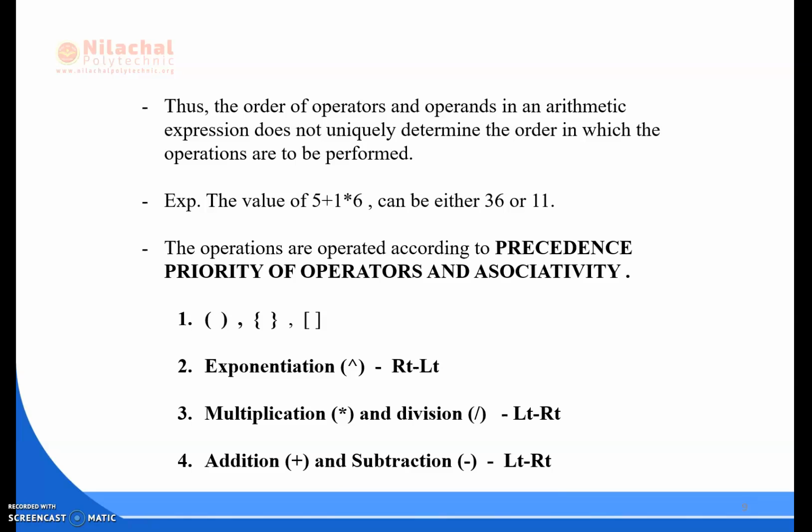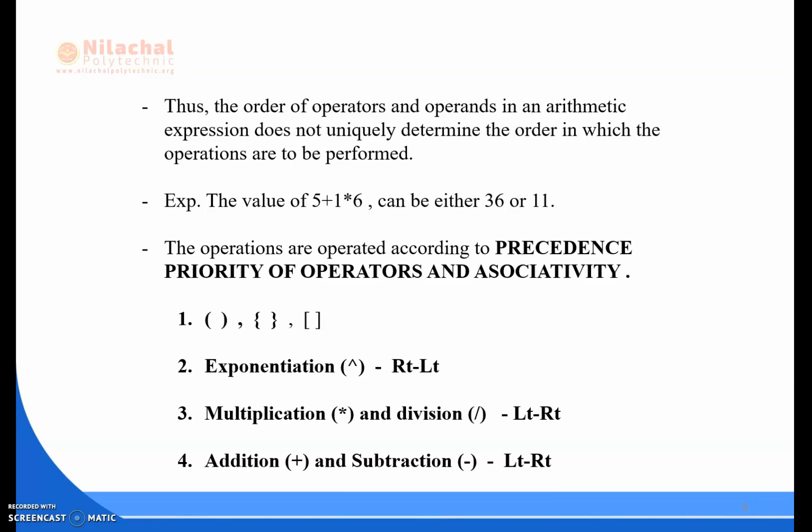Next, we have multiplication and division. When multiplication and division both arrive in one arithmetic expression, then we have to check the associativity rule from left to right. That means in an arithmetic expression from left to right, whichever operator comes first, either multiplication or division, will be solved first.